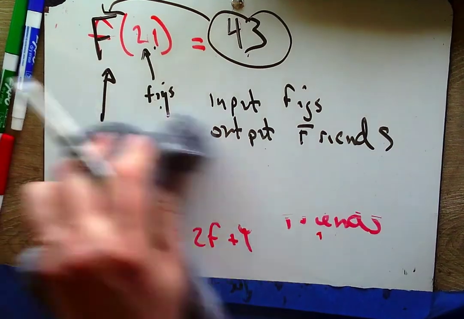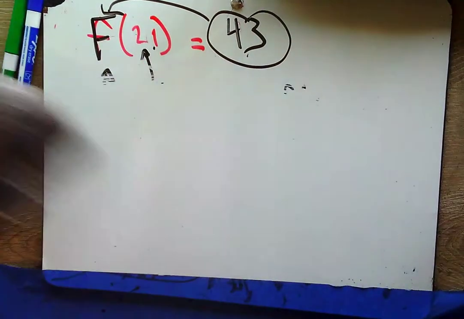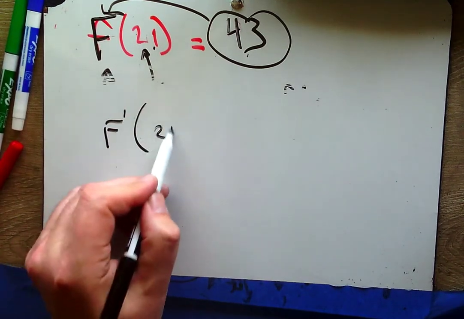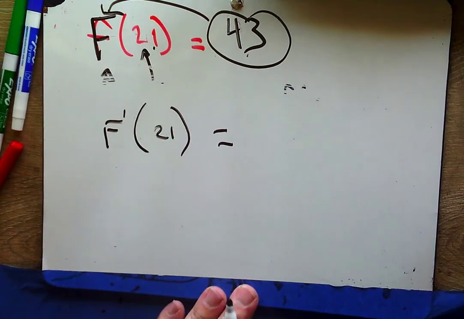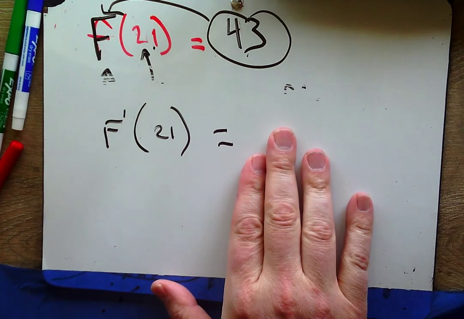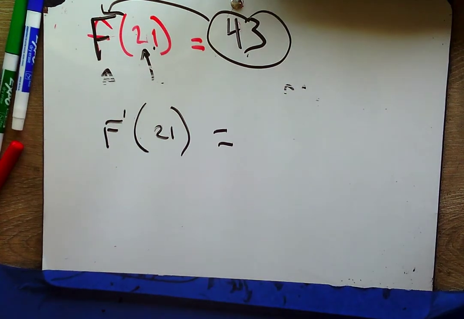So tell me then about this. F inverse of 21. What's that? How do I find that? Okay, so the first thing I want you to do is find what this is equal to, and then I want you to explain what it means.